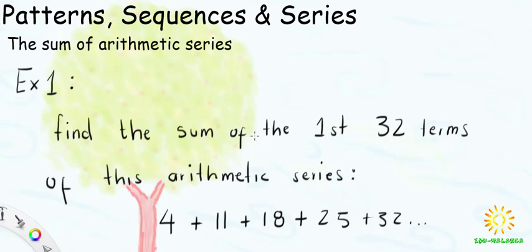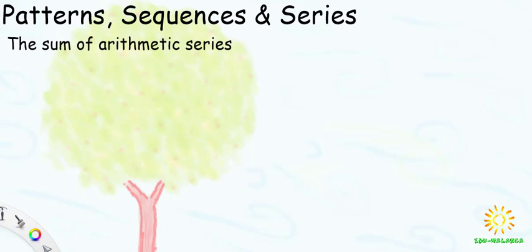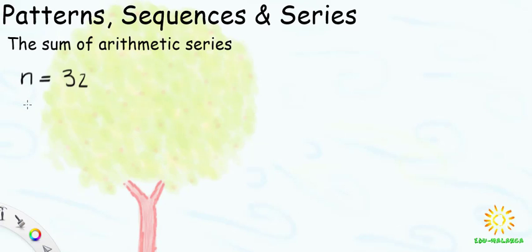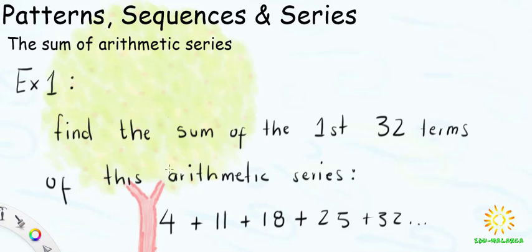The first thing we've been given is 32 terms, so that's equal to n. We're summing n terms, which is 32 terms. N is equal to 32. The second thing we're given, we can read it from the arithmetic series as is presented, is a, which is 4. A is equal to 4. And because we can see the arithmetic series, we can very easily solve for d, which is the common difference.